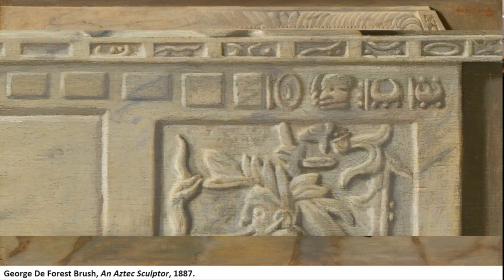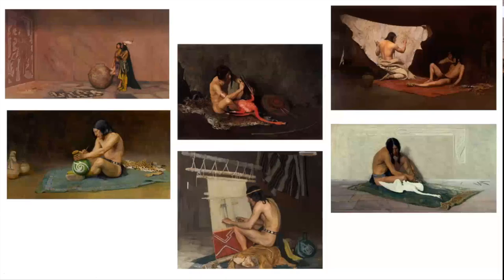Through his own creativity and technical skill, he can evoke other materials and other styles of artistic expression, capturing, reproducing the aesthetics of Aztec or Mayan art, as well as his own 19th century naturalism, his carefully observed anatomy and soft light of the interior space. This painting was one of a number of works by Brush showing indigenous craftsmen at work.